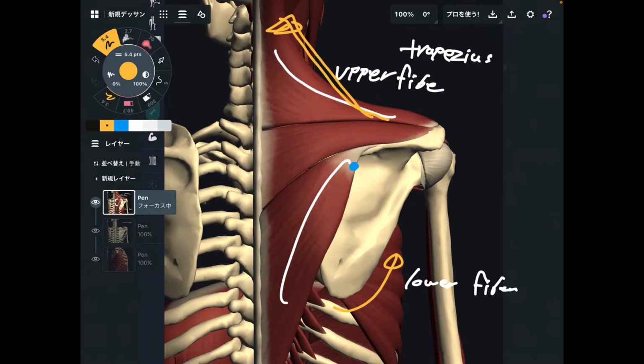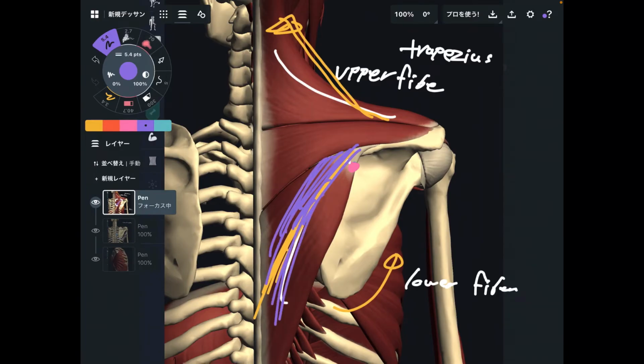But how about lower fiber? Lower fiber runs like this way. How come this fiber brings scapula to upward rotation? Again, axis of rotation is about here. Lower fiber attaches here.